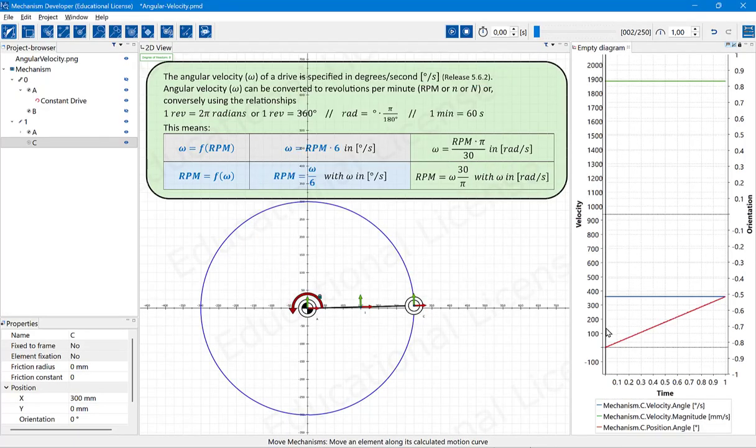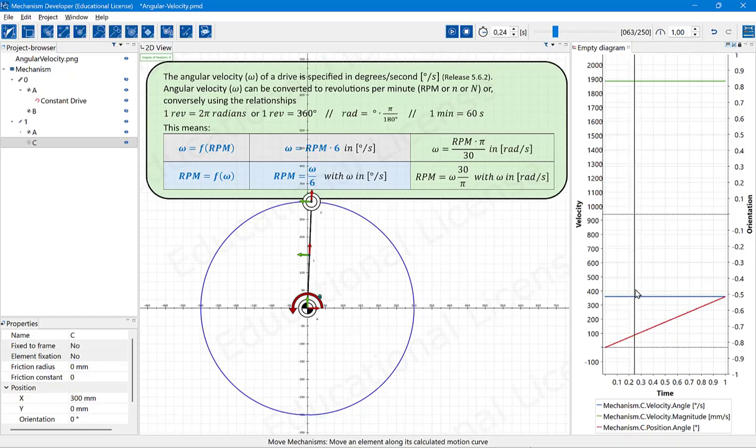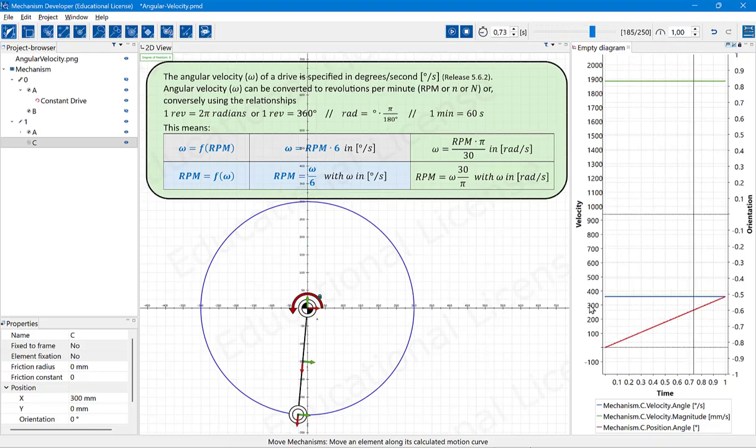Here we see the angle position like this is 120, or if I see it here exactly, maybe like this. Oh, I don't have it exactly, but it's nearly 90 degrees. So the angle goes from 0 degrees up to 360 degrees.